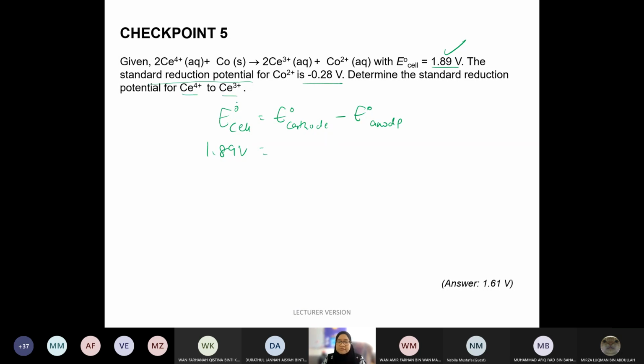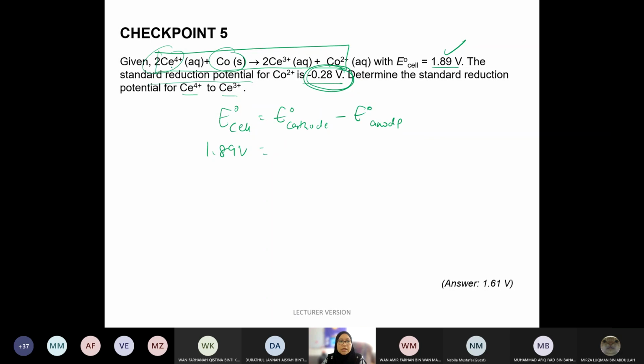But first step is to identify which of these species will undergo oxidation and which undergoes reduction. From the full reaction equation, we can determine which one is the cathode and which one is the anode. Kita tak tahu whether nak place dekat cathode or anode, so kita kena confirm this one first.